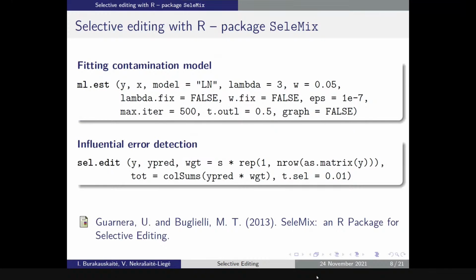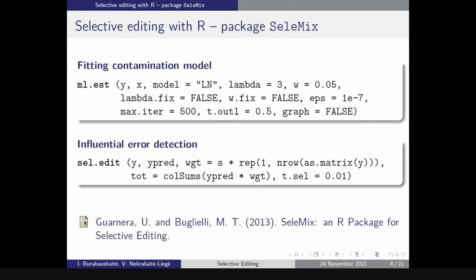Package CELMX of the statistical programming language R was designed to apply selective editing in practice, and 2 main functions of this package were used during the study that I am talking about. The first one, ml.est, is designed to calculate contamination model predictions.